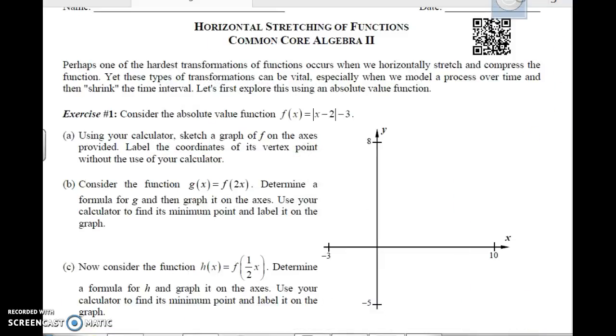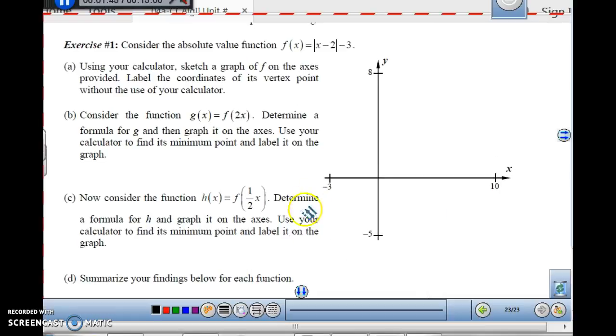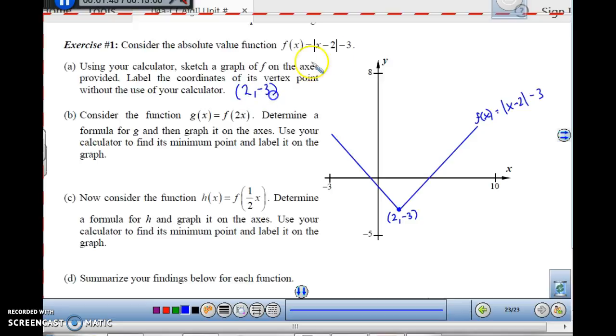So if we do absolute value of x minus 2 minus 3 and draw it in blue, so it looks like what's on the calculator, it came down like this and then came up like this. It's a V-shaped graph. So this is f of x equals |x - 2| - 3, and the vertex for this one will be at (2, -3), because it came from here.